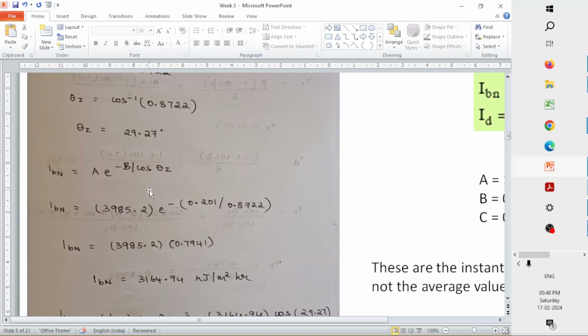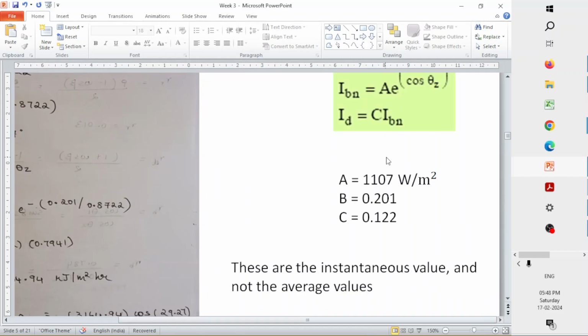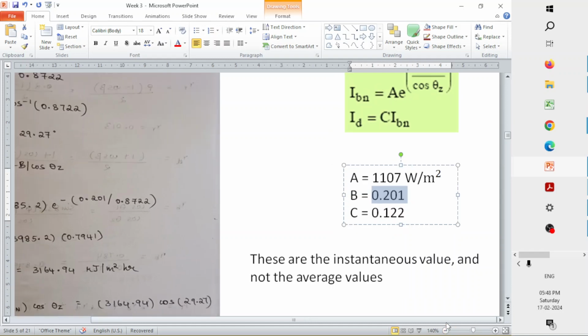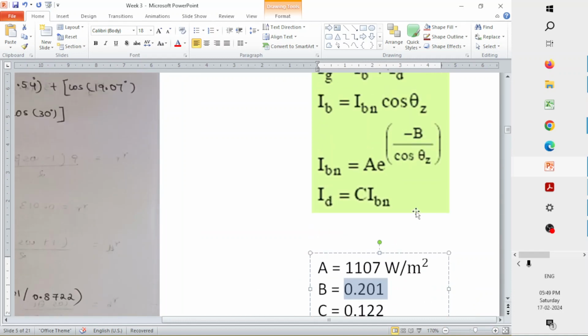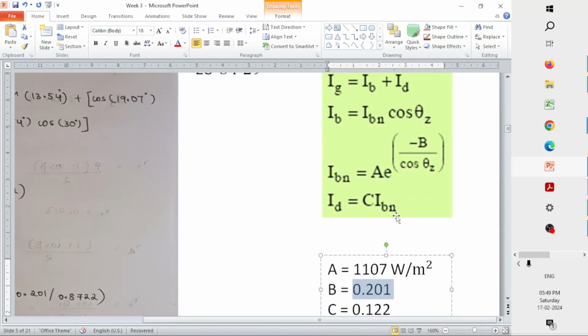But here you don't know the value of A and B. So for August 16th specifically, in the literature you will find the values as A is 1107 watt per meter square, the value of B is 0.201 and C is 0.112. Let me just zoom this in more. And this is the formula to calculate your IB from IBN.